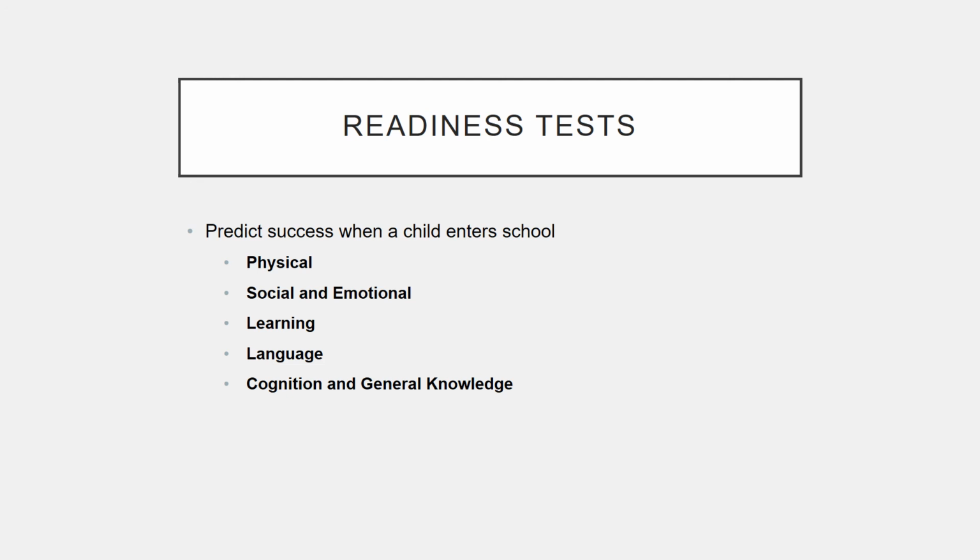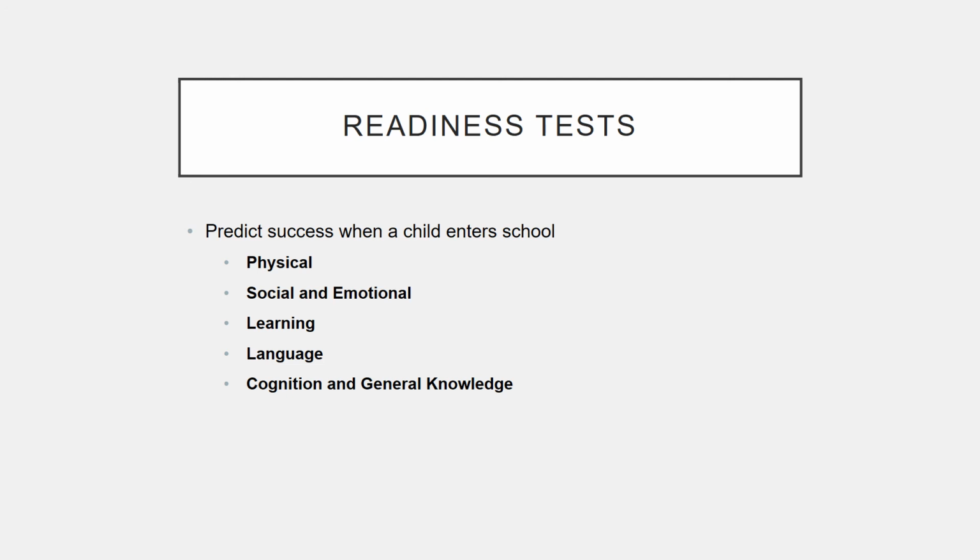This has a couple of different components that are meant to determine potential for success in school. There's the physical aspect, which has to do with sensory motor skills, and growth and general well-being and health.